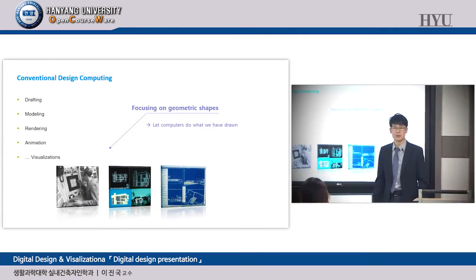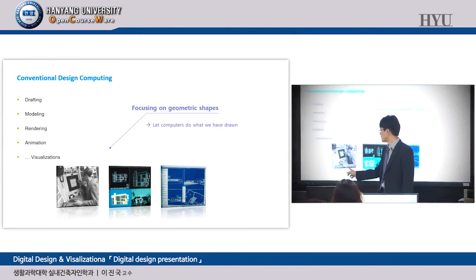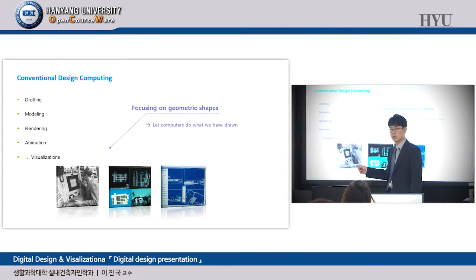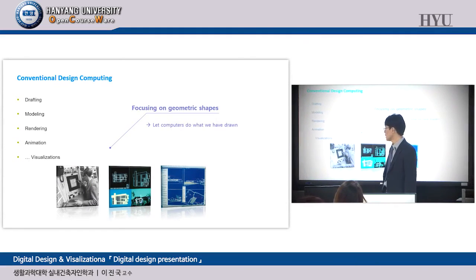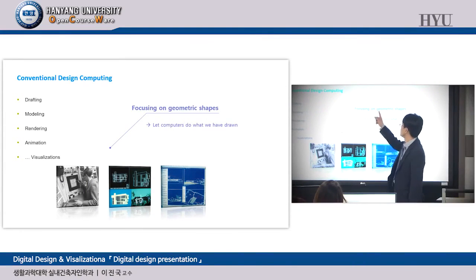At the beginning of the CAD system, let's take a look at this picture. This is a very famous picture, MIT Media Lab's Sketchpad, the first CAD system in the 1960s. At that time, we were focusing on geometric shapes. So we made something to let computers do what we had drawn.